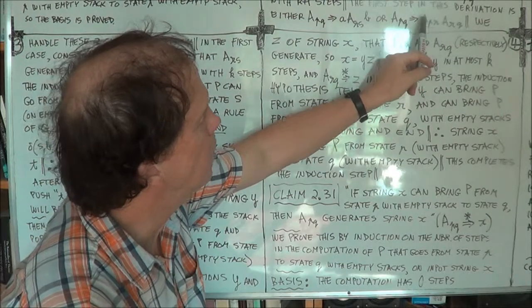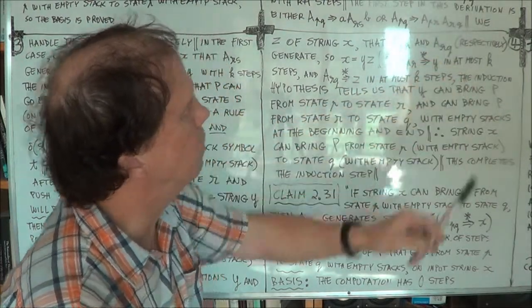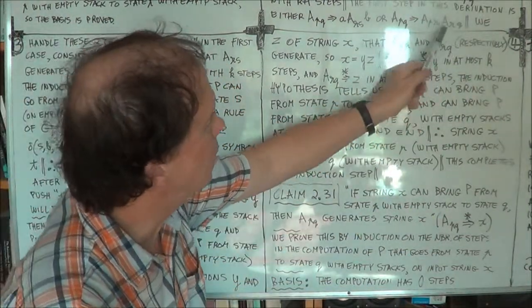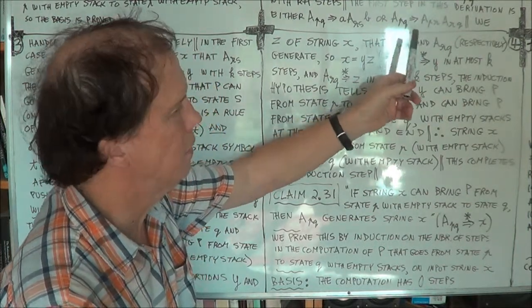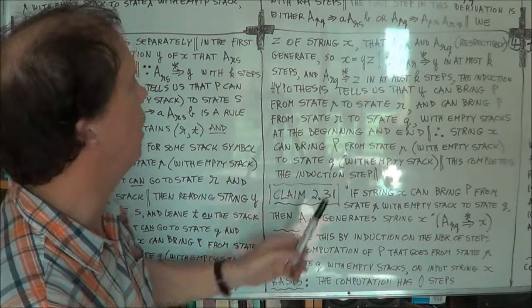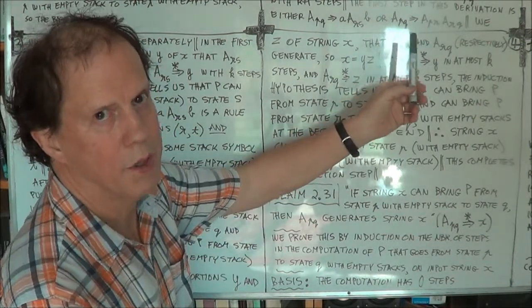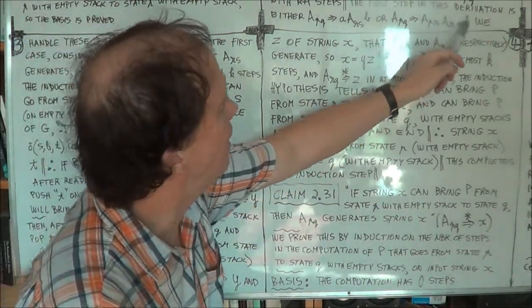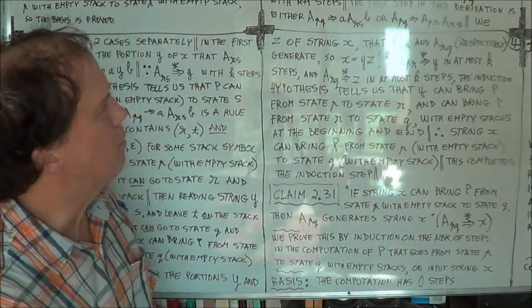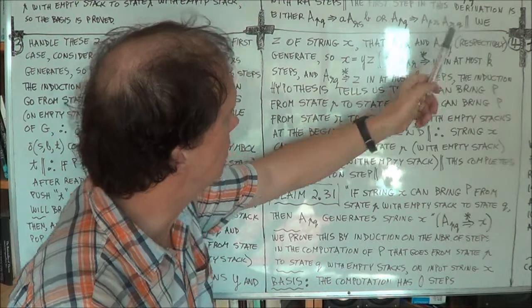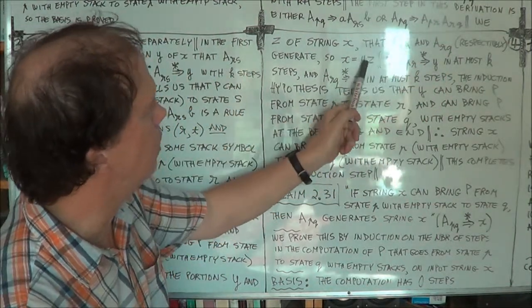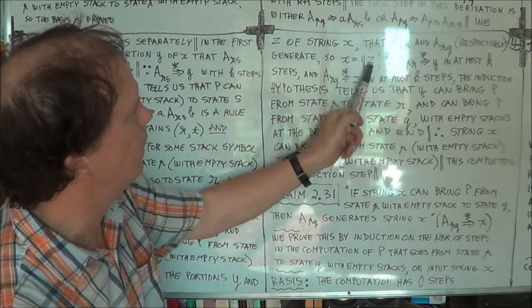It'll go to big APR, big ARQ. And now this one generates the Y substring of X, and this generates the Z substring of X. So you'll have YZ here. So your X will just be YZ.